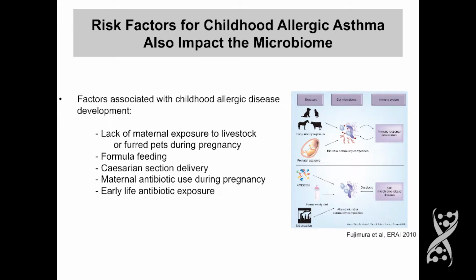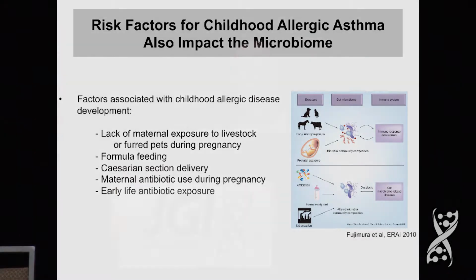And as I said, we're really interested in childhood allergic asthma. And we were really intrigued by the fact that a large number of factors that are associated with the development of childhood allergic asthma in very early life are associated also with, or could conceivably be strong influences on the microbiome. Lack of maternal exposure to livestock or furred pets, and I will show you some data that shows how this may be influencing the microbiome.